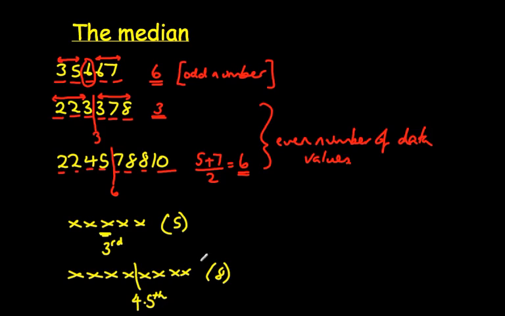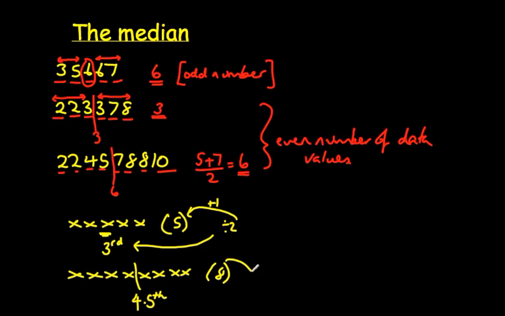So what's the relationship between the 4.5 and the 8, and the 3 and the 5? Is there a connection? You may have spotted already that if you take this number here and add 1 to it, and then divide the answer by 2, you'll get this one. Can you see that? And it's the same with this.